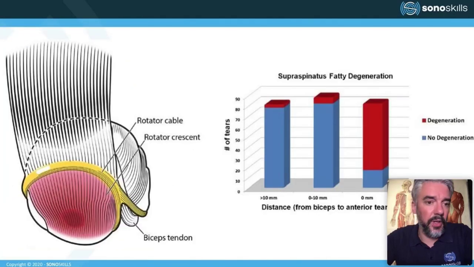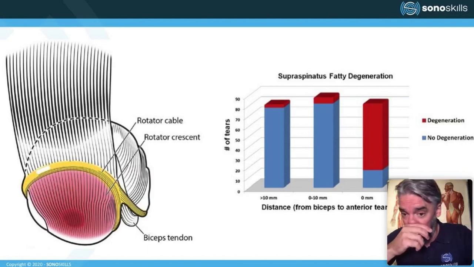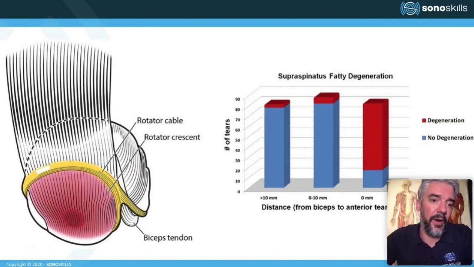Fatty infiltration: we checked the rotator cable last week. This is the rotator cable. We also know that within the rotator cable, in this zone of the footprint, this is relatively avascular. We know that it's at risk for tearing.